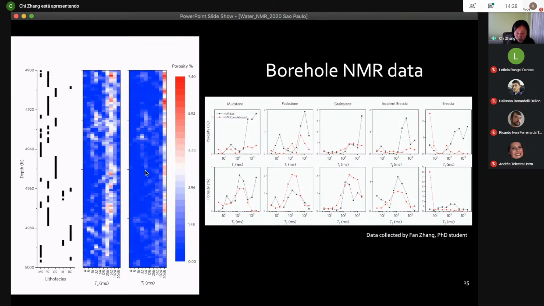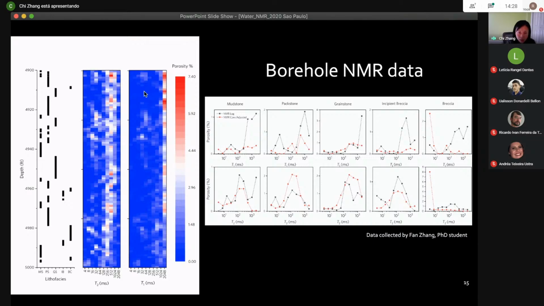And during this process, they did some borehole NMR measurements. And as the left one showed, it actually has the T1 relaxation on the right, and in the middle has the T2 relaxation.